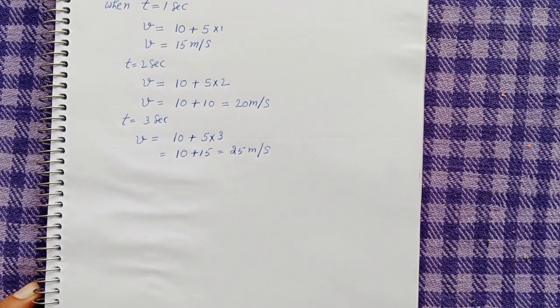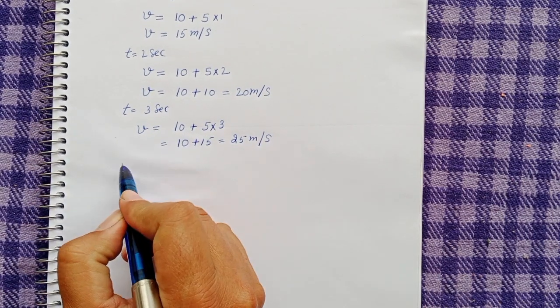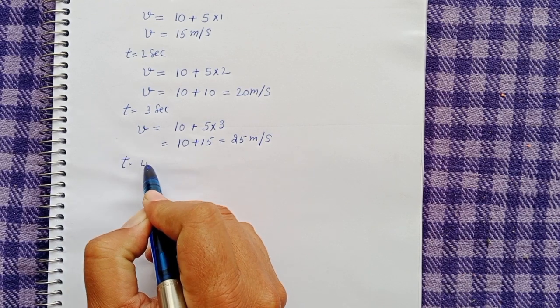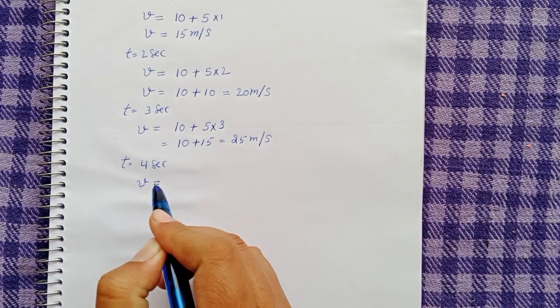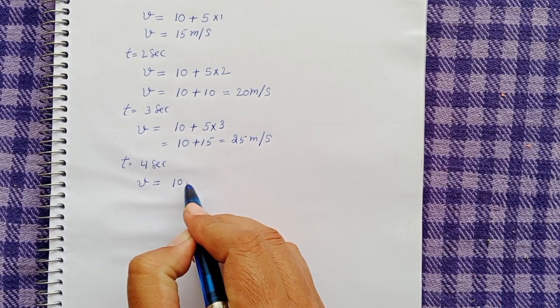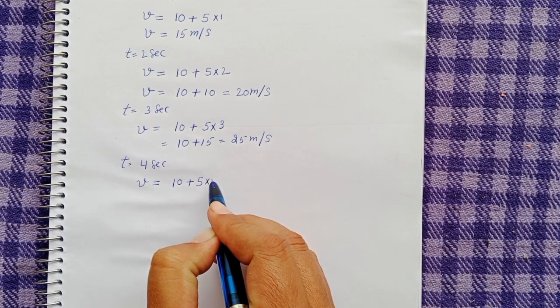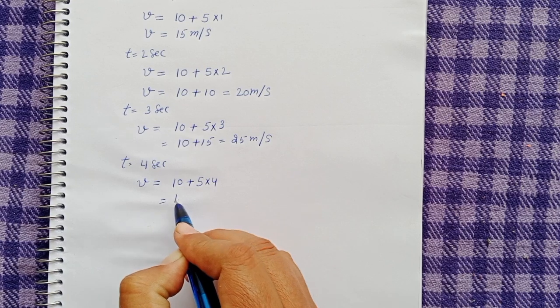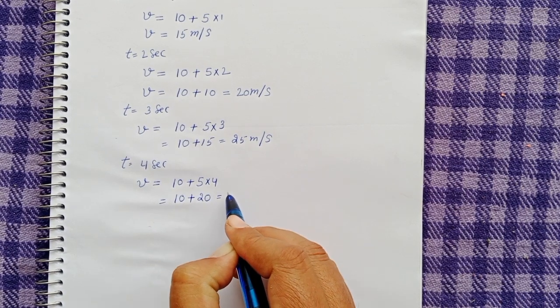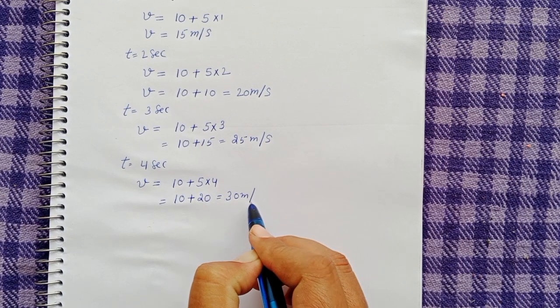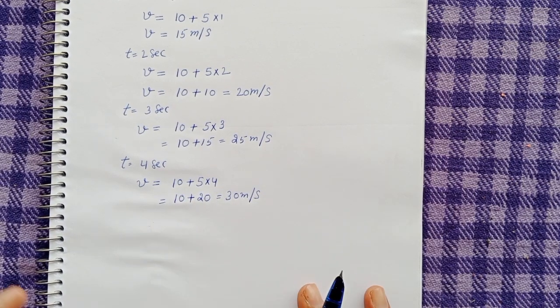Now students, when time is 4 seconds, velocity at that time is 10 plus 5 into 4, and it becomes 10 plus 20, that is 30 meter per second.